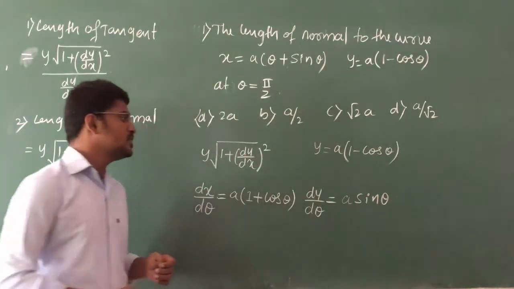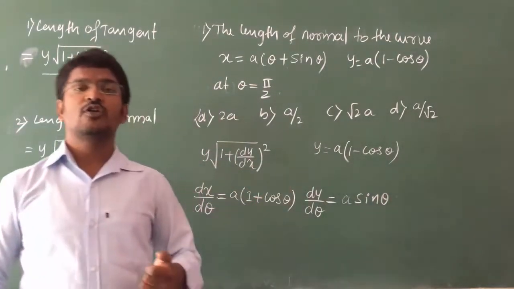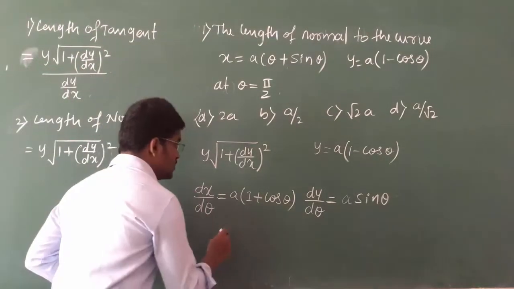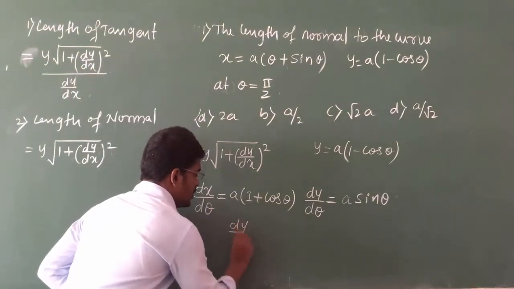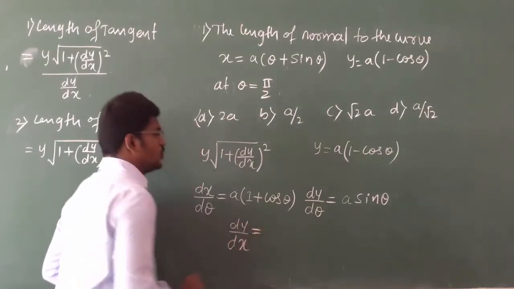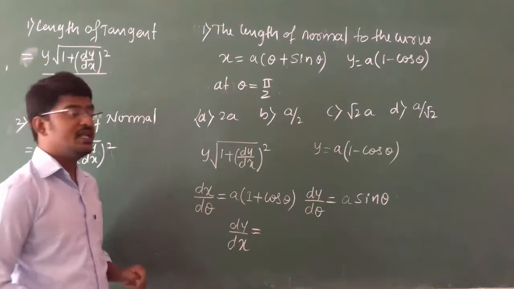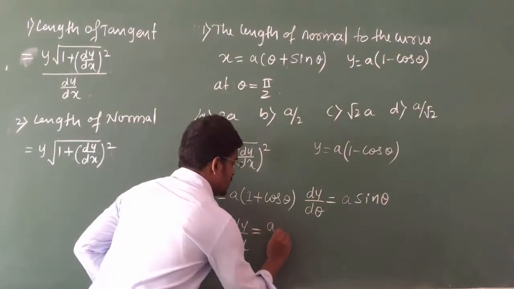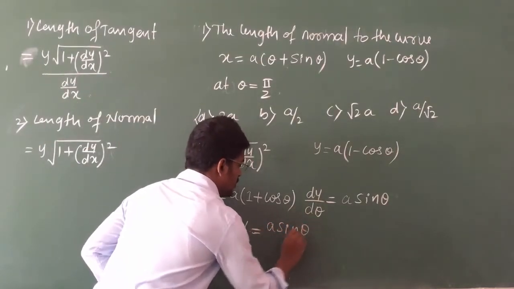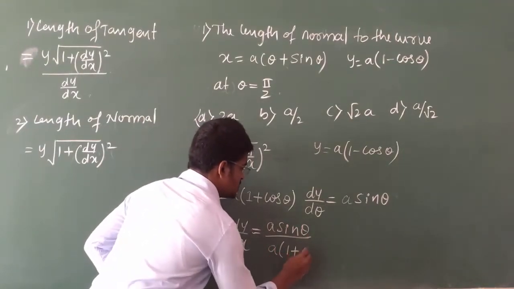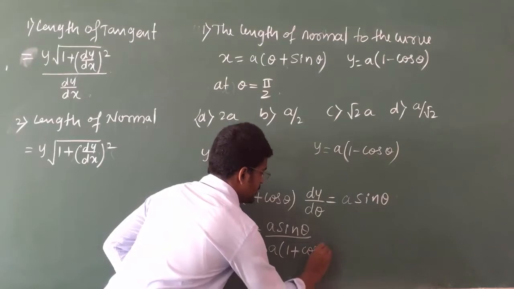Clear students? So using these formulas, you have to simplify dy by dx. dy by dx equal to dy by d theta divided by dx by d theta. So that is a sin theta divided by a 1 plus cos theta.